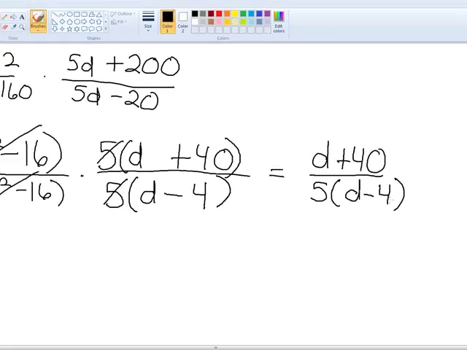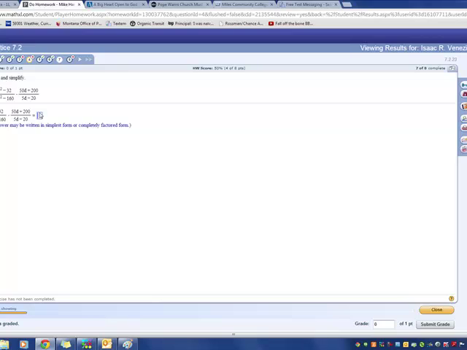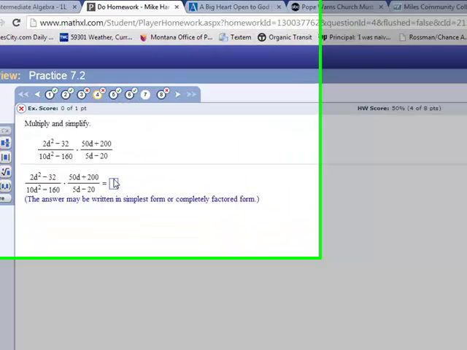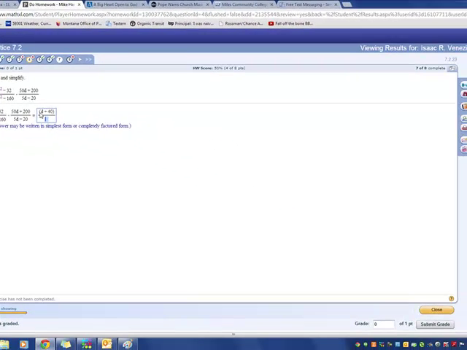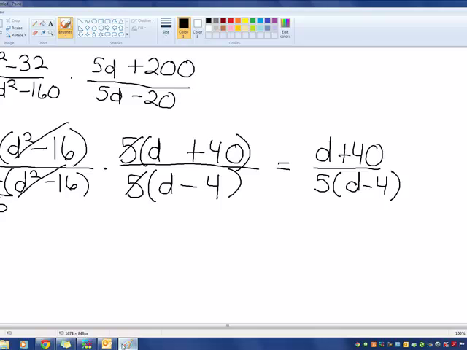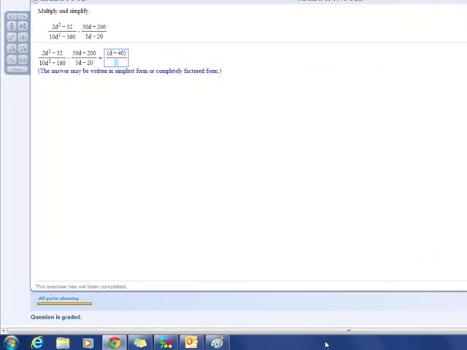Let's see how MyMathLab likes that answer. So we have d plus 40 up in the numerator, and down in the denominator, we have 5 times the quantity d minus 4. Oopsie, it's not typing like I wanted to.